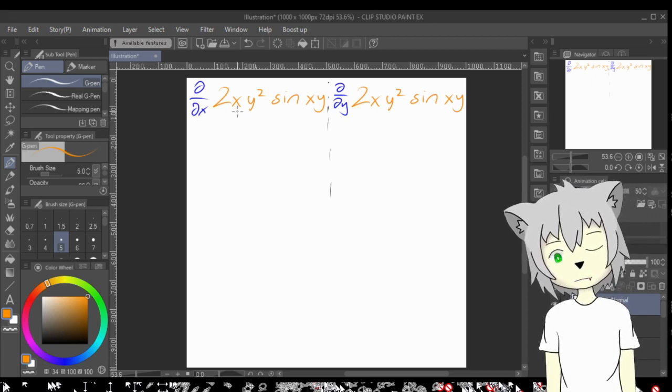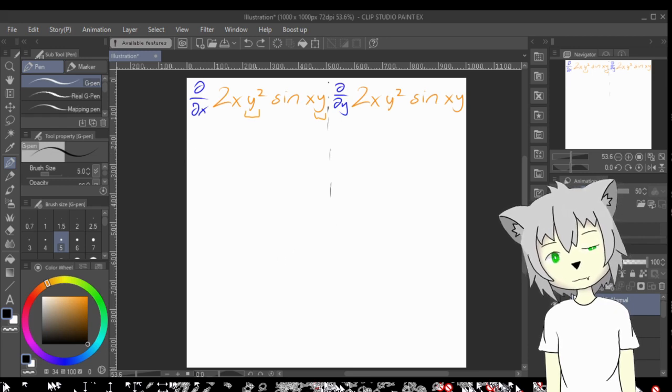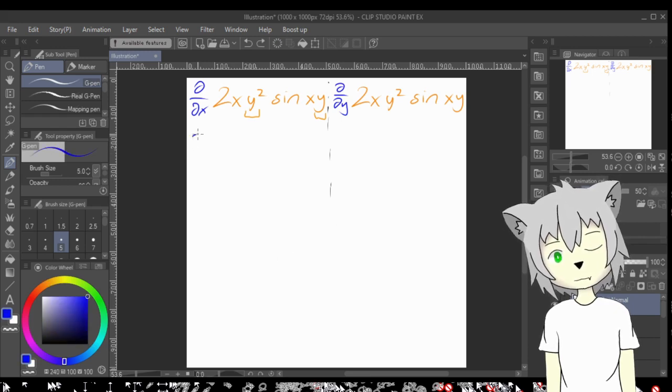Again, since we're doing this with x, we treat this little thing as a little constant. So you can think of it as basically 2y. This is basically equal to 2y squared.